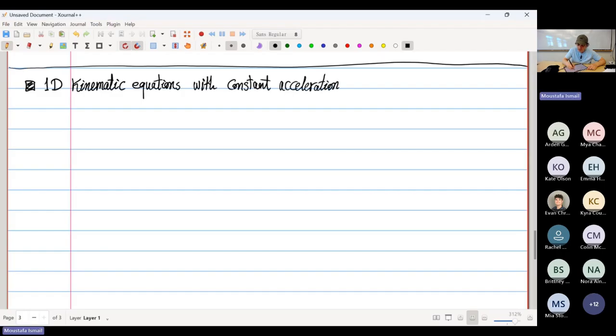I will write down 3 equations and then derive them. But those 3 equations are of absolute importance.